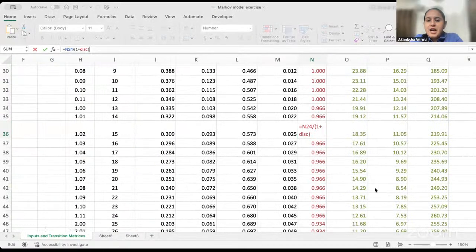Can you please explain half cycle correction again? Okay. So why do we want to do half cycle correction? The Markov model assumes that the transition of the patient from one health state to another is happening at the end of the year, if we are not doing the half cycle correction.